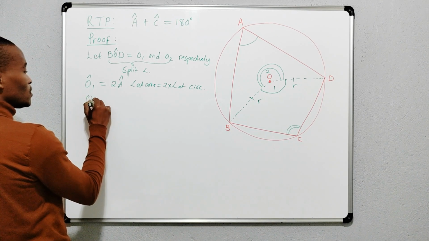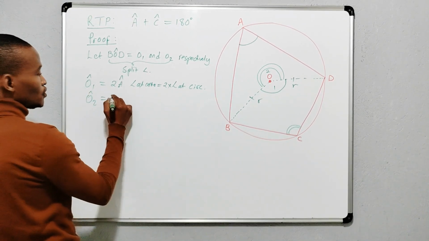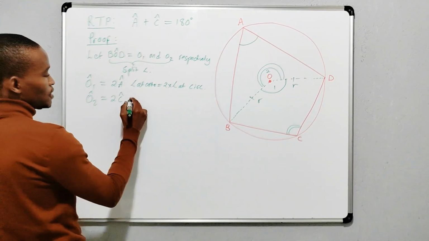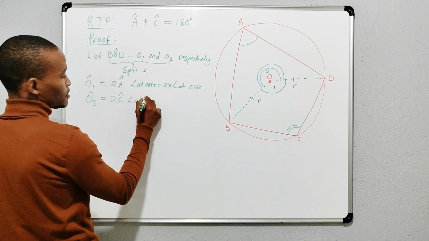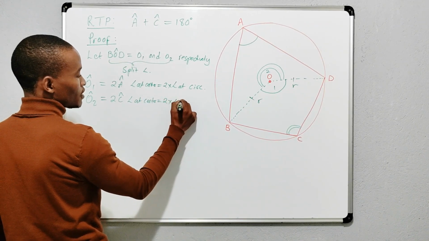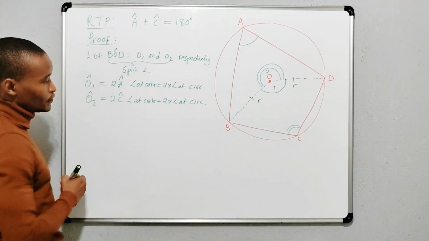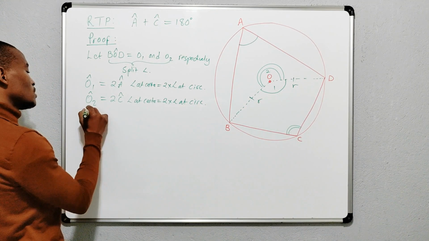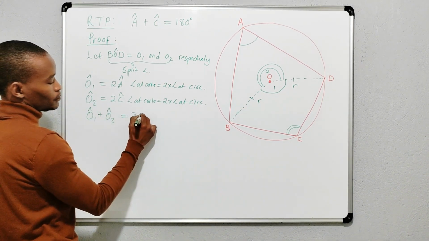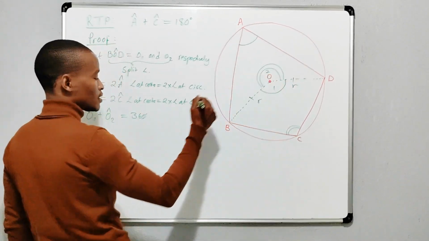And we know that angle O2 is equal to 2 times angle C, because angle at center is equal to 2 times angle at circumference. Okay? What is angle O1 plus angle O2 equal to? 360. Okay? It's angles around the point.